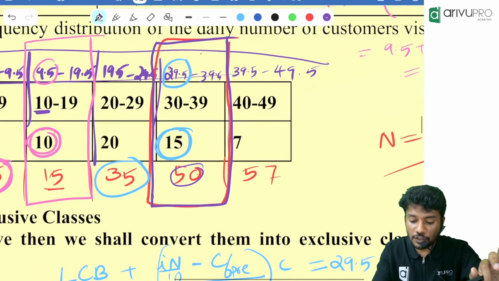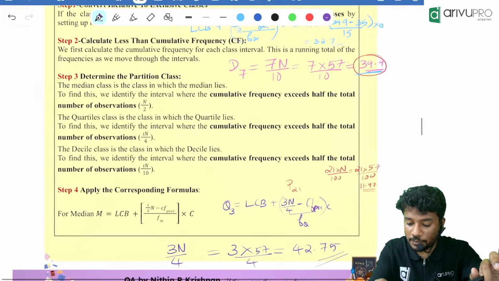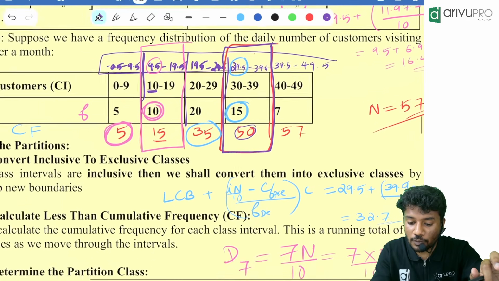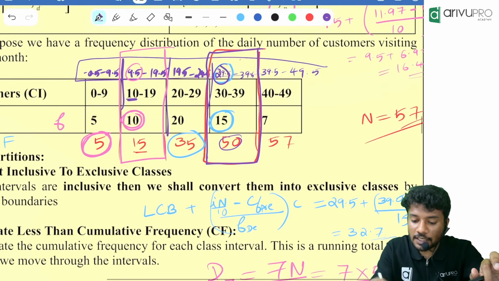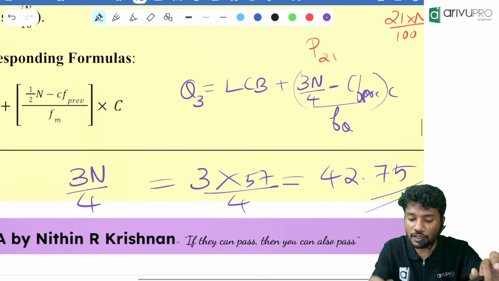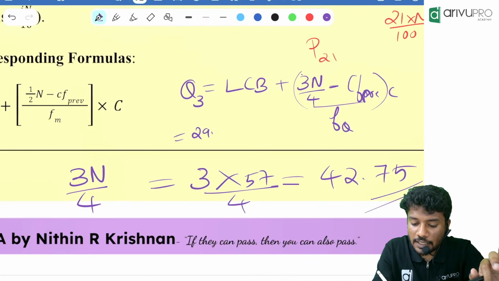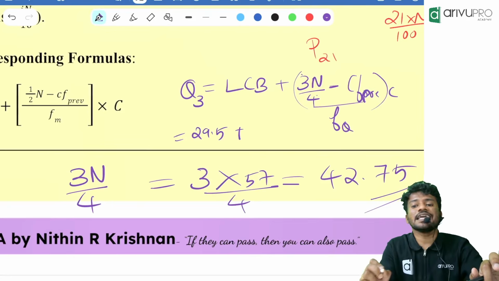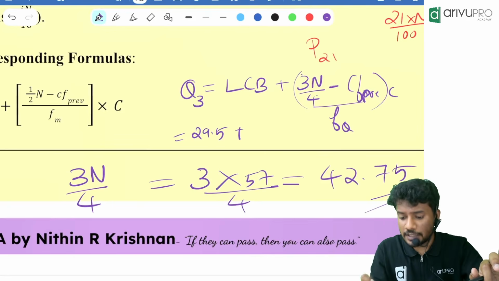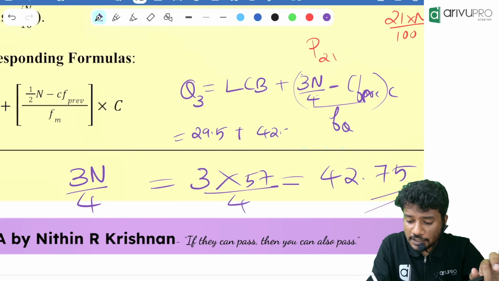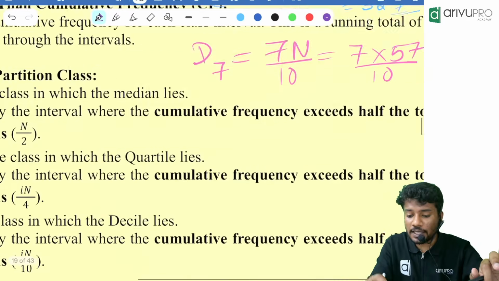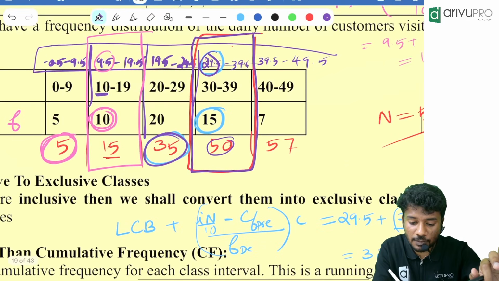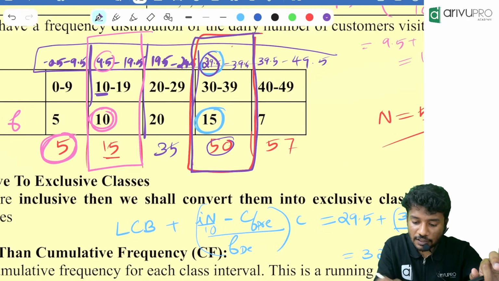Now, one by one you tell me, lower class boundary is how much over here? That is 29.5. Put that value: 29.5 plus 3n by 4, which is 42.75, minus cumulative frequency of the previous class, 35.